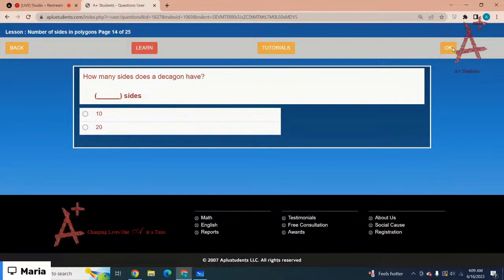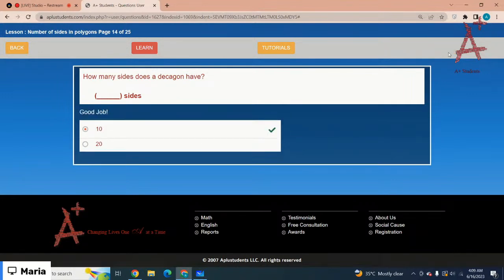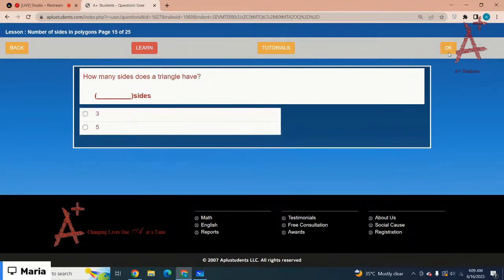Okay, how many sides does a decagon have? A decagon has 10 sides. How many sides does a triangle have? A triangle has just 3 sides. Got it?